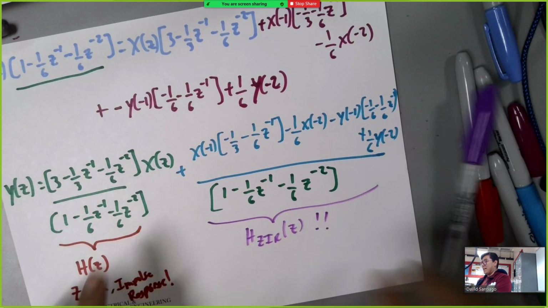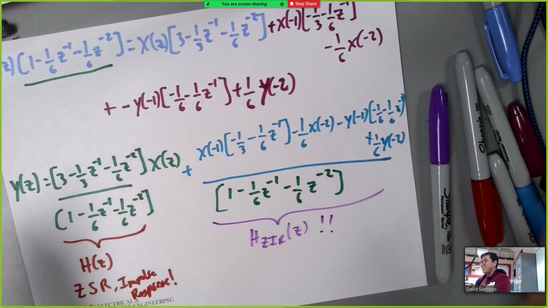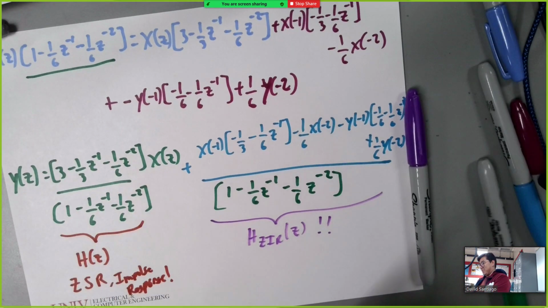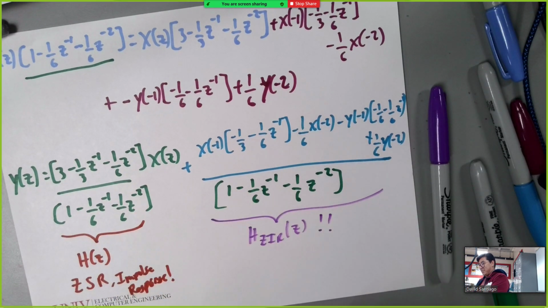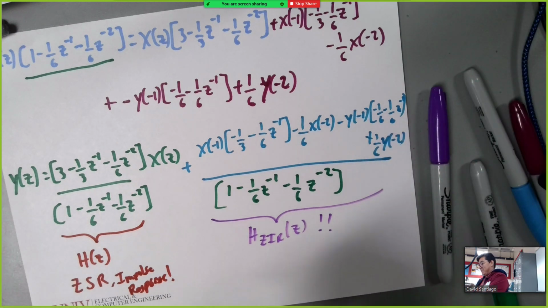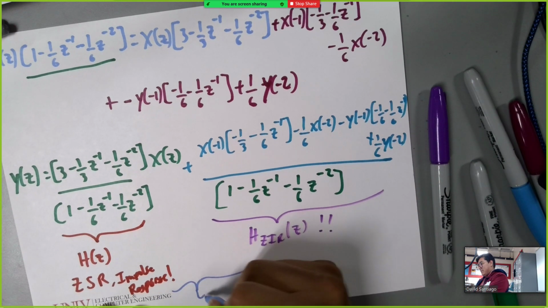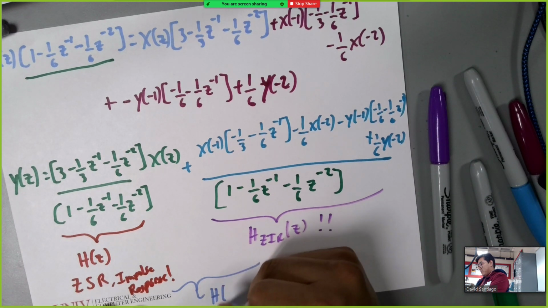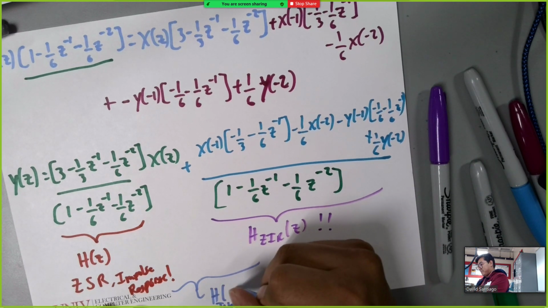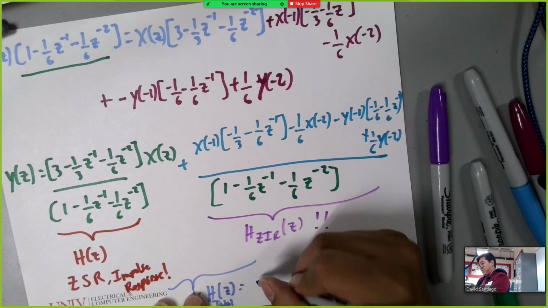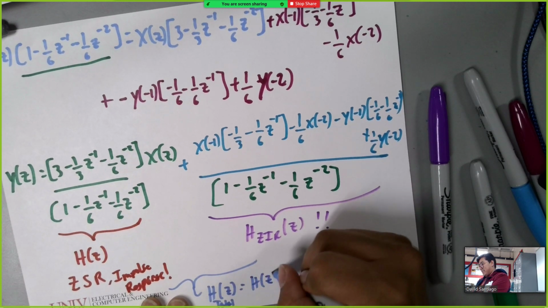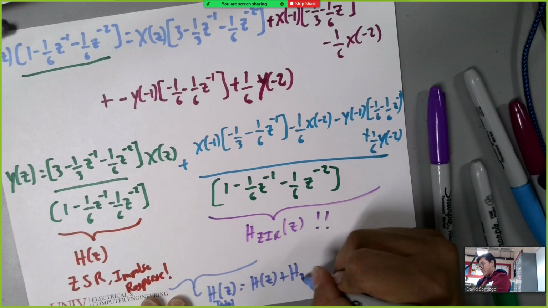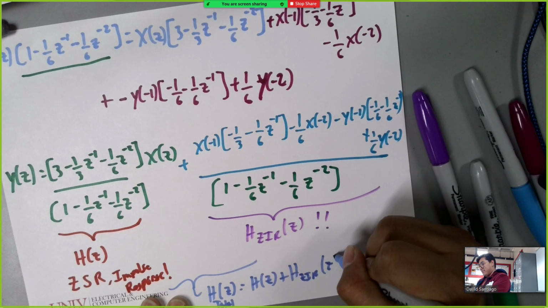And then what happens when you add both of them together? You get the total response, which is basically, if you wanted to do this for fun, H total is just equal to H of z plus H ZIR of z.